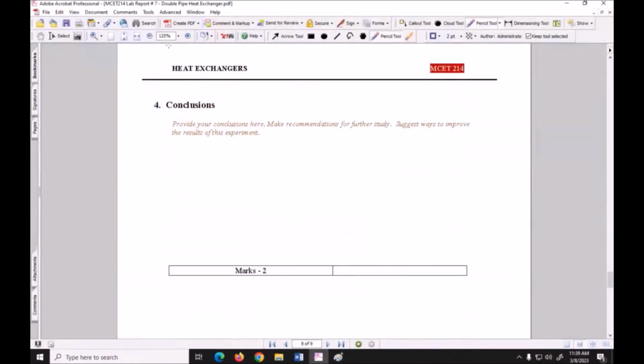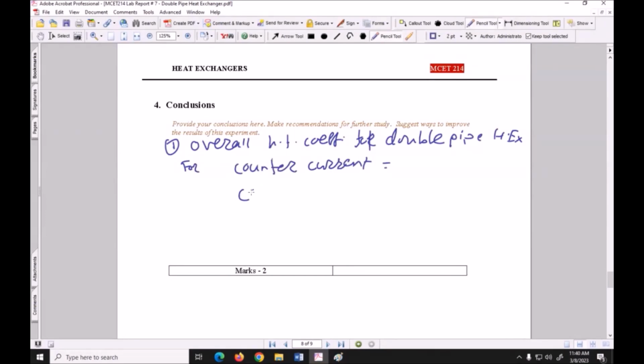Now conclusion number 1, overall heat transfer coefficient for double pipe heat exchanger. For counter current arrangement, U0 is 2298.76 watt per meter square degree centigrade, and for co-current arrangement it is 776.61 watt per meter square degree centigrade.